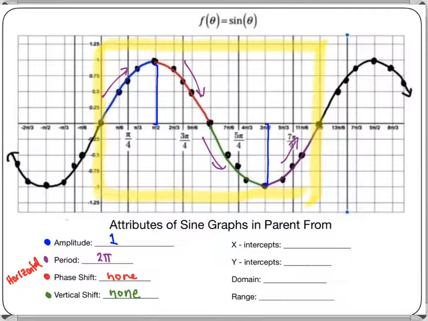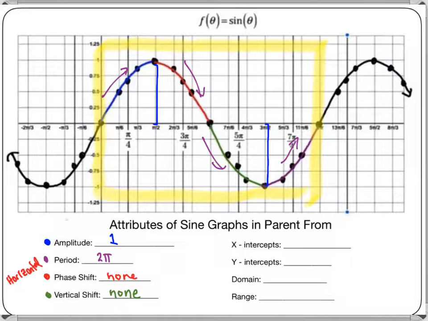Now, this next one's going to be a little bit tricky, and you might go, huh, at first, if you don't remember the concept from last year. But the x-intercepts, you notice that we have x-intercepts all over the place. We have an x-intercept here, and here, and here, and we're going to have an infinite amount of x-intercepts. If we were to name them all, that would take forever. Therefore, we're going to write an equation that helps us locate any x-intercept that we need in the sine wave.